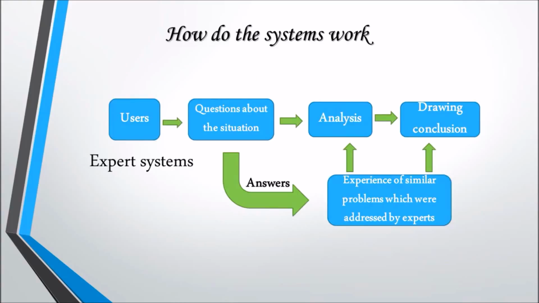So how do the two systems work? There are diagrams which illustrate how they work. As for the expert system, the user will be answering several questions about the situation of the problem, and the answer goes to the research system, which provides information to the analyzing and concluding process, where users are able to see how experts will handle the problem.